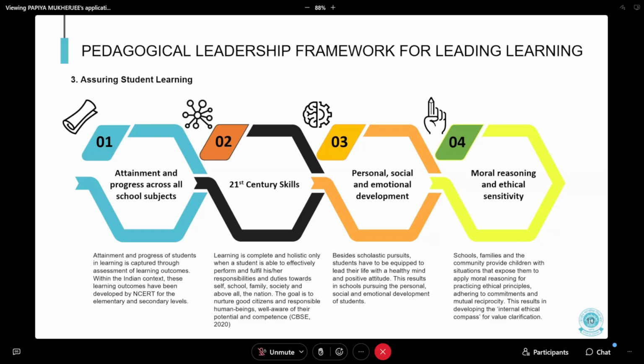Learning is incomplete if we focus only on the scholastic side of it. We have to prepare students for their life. And that can be done when they are well prepared to lead a healthy life with positive attitude.